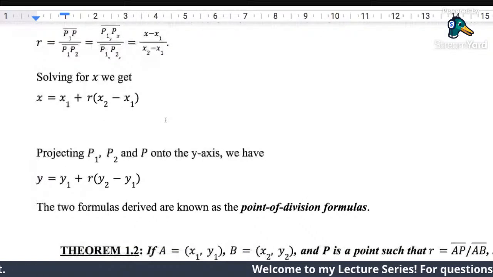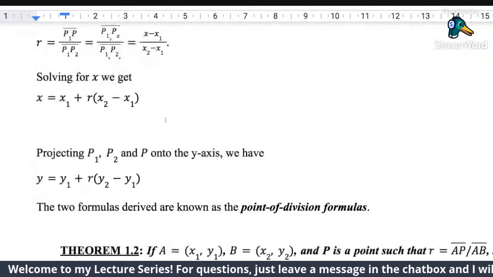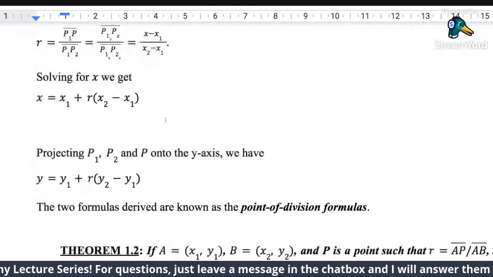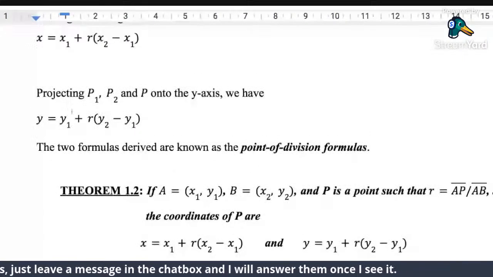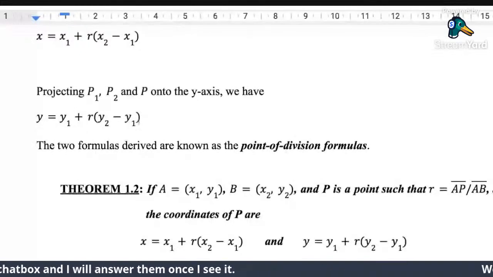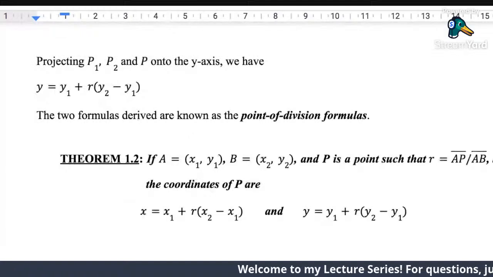Okay. If we're going to project P sub 1, P sub 2, and P onto the y-axis, we have y now equal to y sub 1 plus the ratio r times the quantity y sub 2 minus y sub 1. So these two formulas are called the point of division formulas.